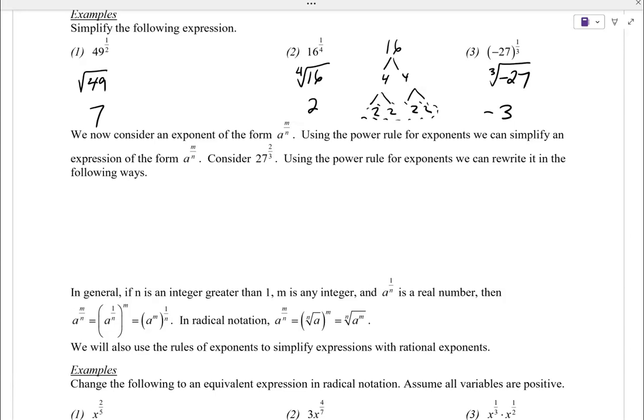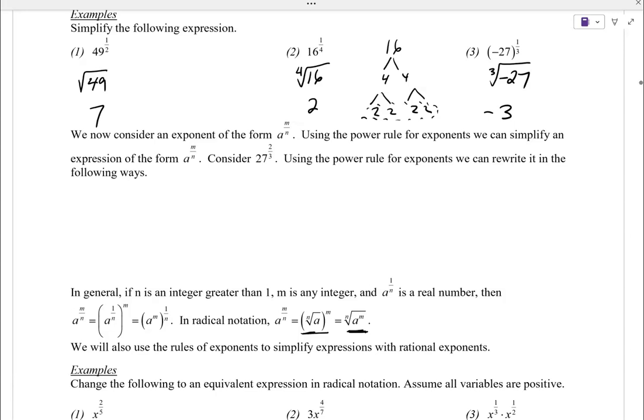So I can think of this either as 1 over n raised to the m power, or I could do my power and then do my root. Okay. So either way is acceptable. When you have m over n, I could write it as do the root and then the power, or I could do it as the power and then the root. Either way works. That's all that's saying.